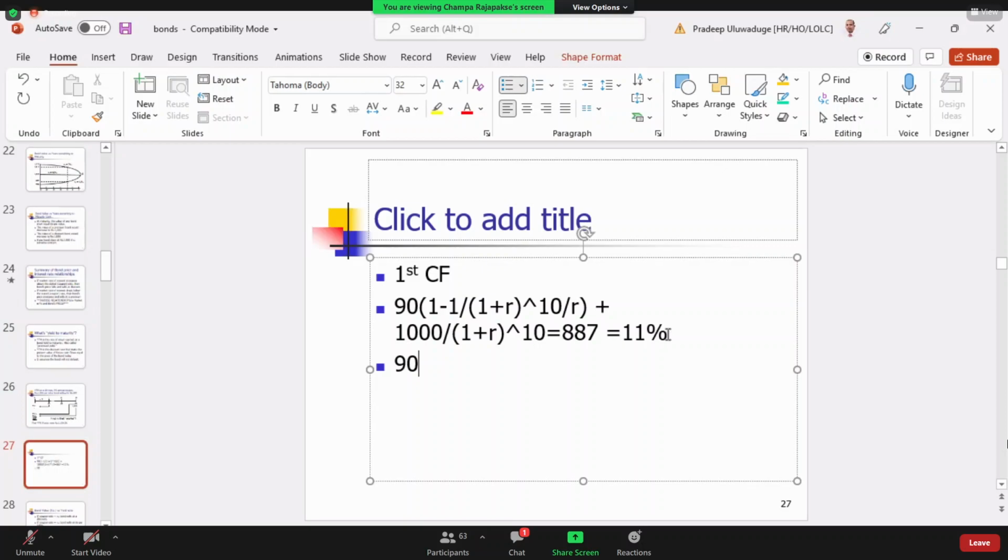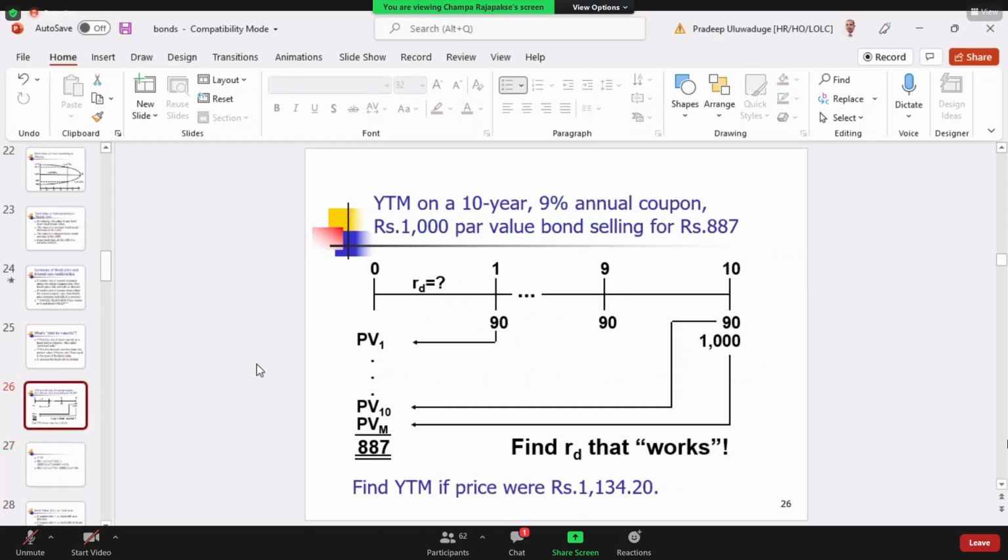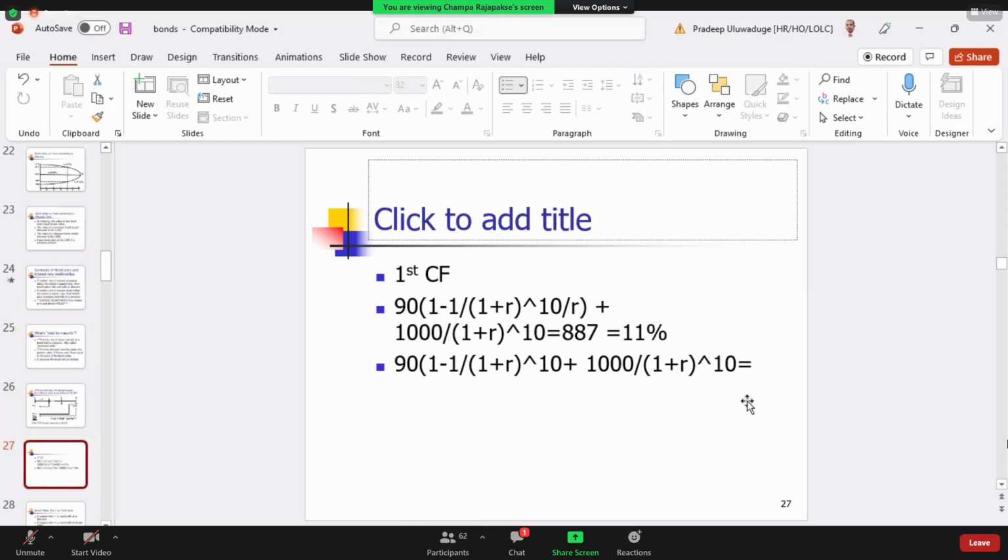So 90 times 1 minus 1 over 1 plus R to the power 10, plus the second cash flow 1,000 divided by 1 plus R to the power 10, which gives you 1,134 and 20 cents.